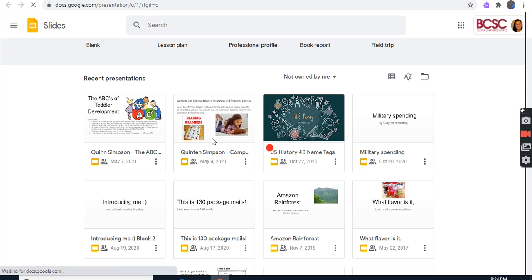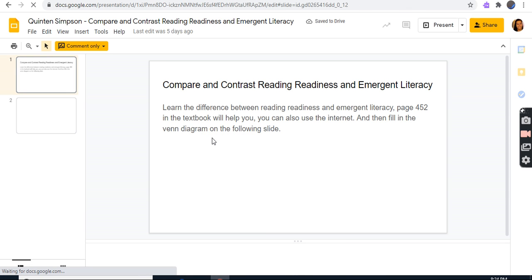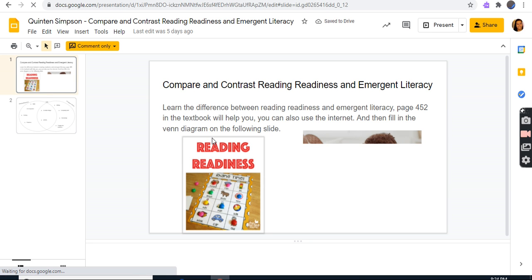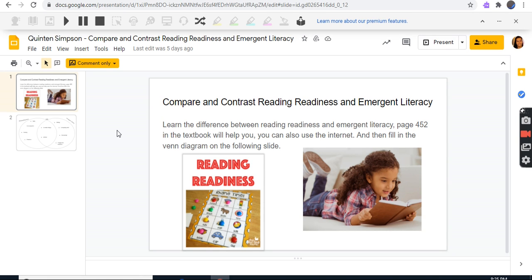I am going to use compare and contrast reading readiness and emergent literacy. Learn the difference between reading readiness and emergent literacy. Pages 452 in a textbook will help you. You can also use the internet and then fill in the Venn diagram on the following slide.